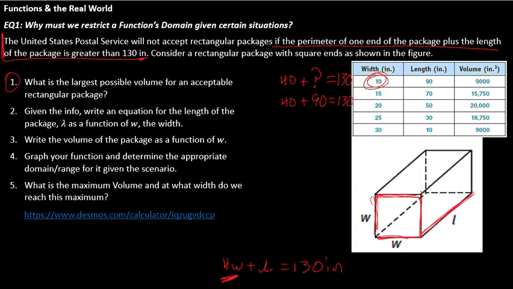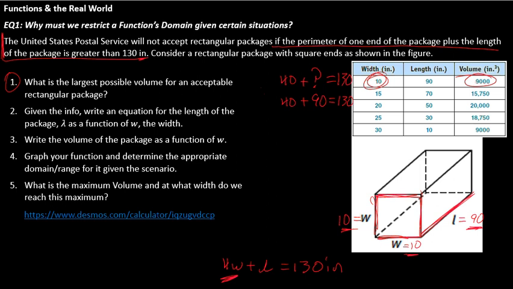Now, what would our volume be in this case? Our width is 10, our height, which is also our width, would also be 10, and our length would be equal to 90 like we just saw. So our volume would be 10 times 10 times 90, and from that we would get 9,000.